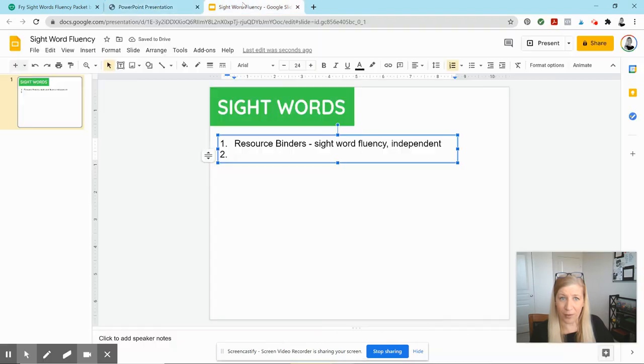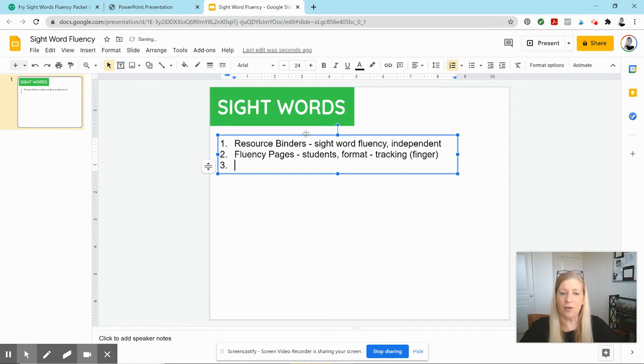Now, these are the fluency pages intended for students to use. And the format offers the tracking. And by tracking, I mean finger tracking, visual tracking. Now, there's also opportunities for data tracking.